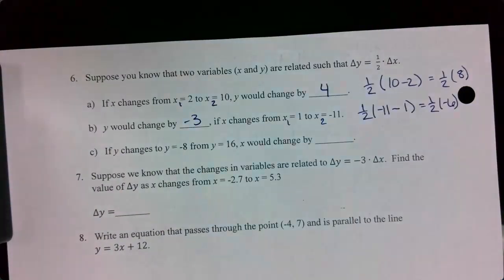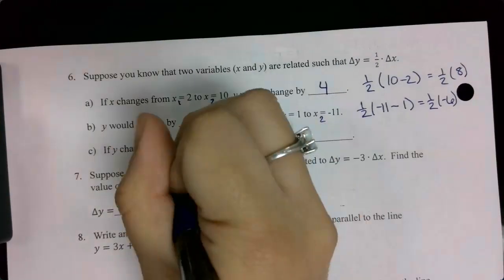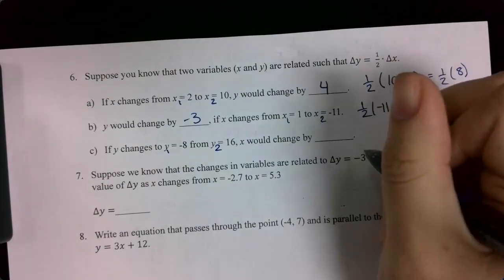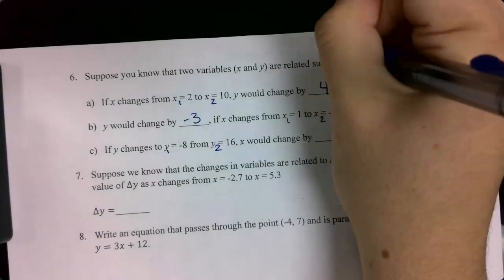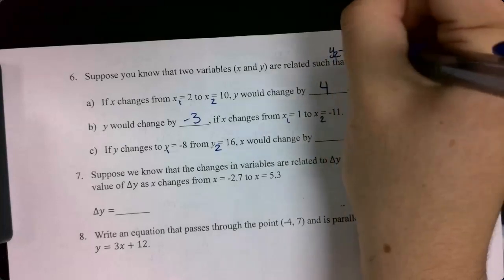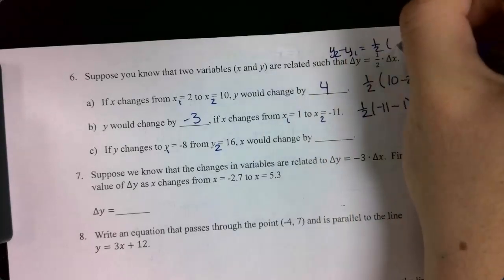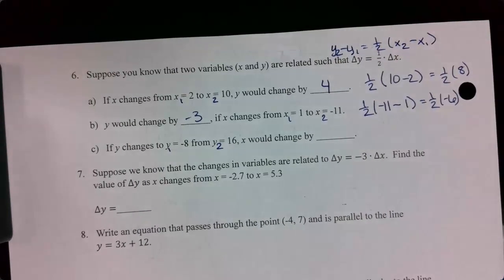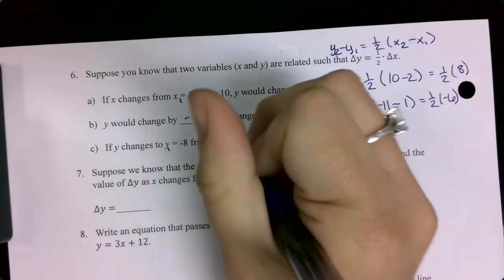If y changes from negative 8 to 16, x would change by, so this is my y1, y2. So instead, I'm going to plug in, because remember, this can be rewritten as y sub 2 minus y sub 1 equals 1/2 x sub 2 minus x sub 1. So I was plugging this in.